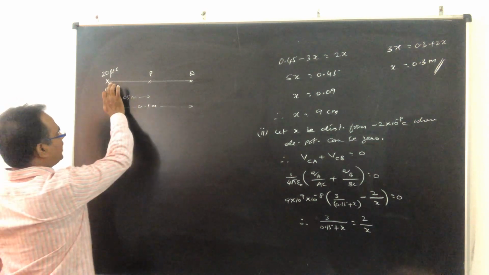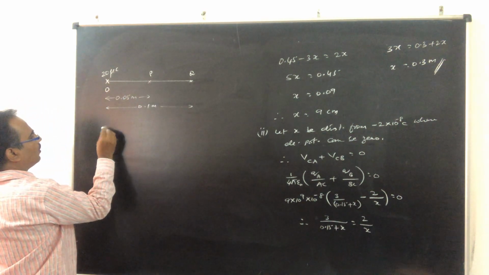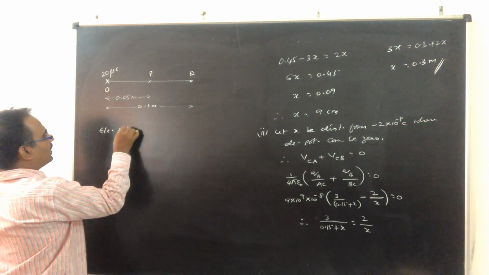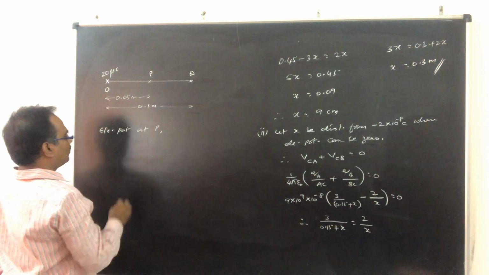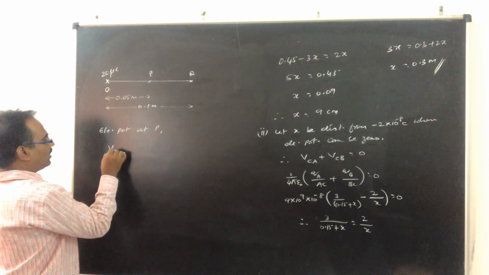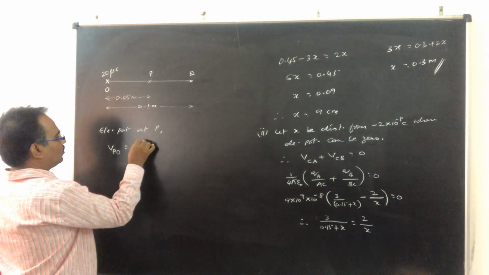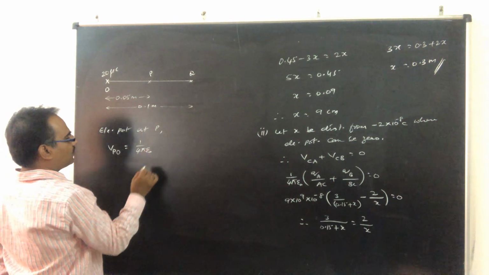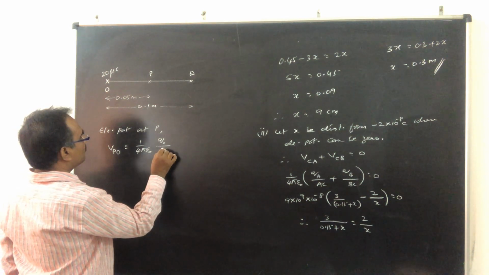So this being a point charge, electric potential at a point will be that of a point charge. So electric potential at P due to the charge at O. This is 1 by 4 pi epsilon naught QO divided by this distance OP.